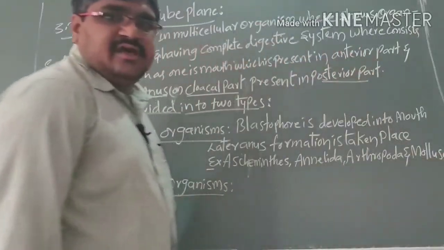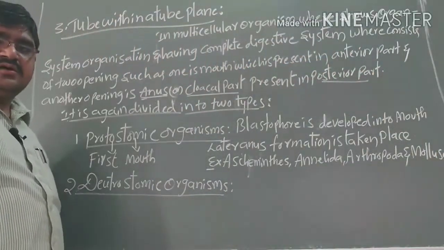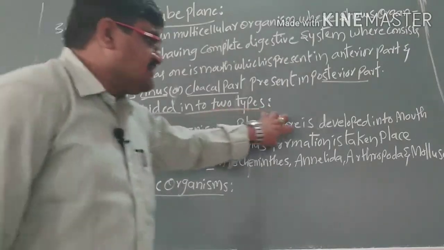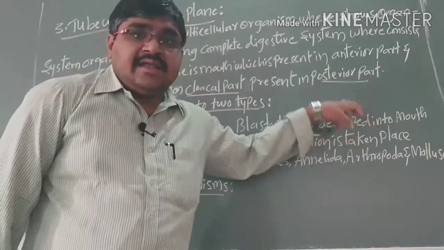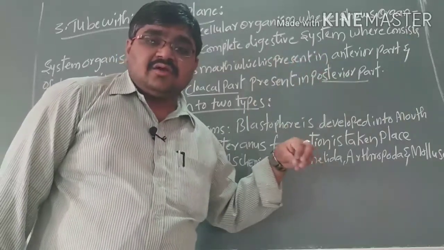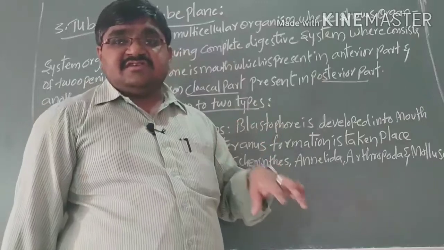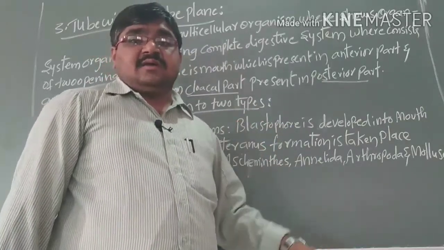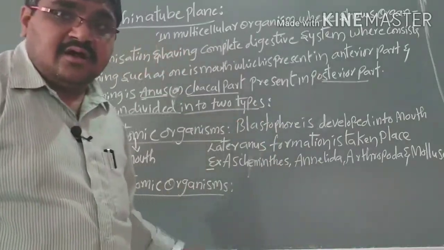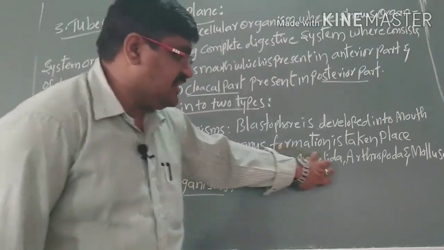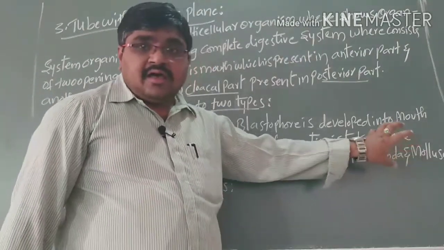These are examples of protostomic organisms, where the blastopore is developed into the mouth, and later the anus formation takes place. Such organisms are called protostomic organisms. Examples: Aschelminthes, Annelida, Arthropoda and Mollusca.